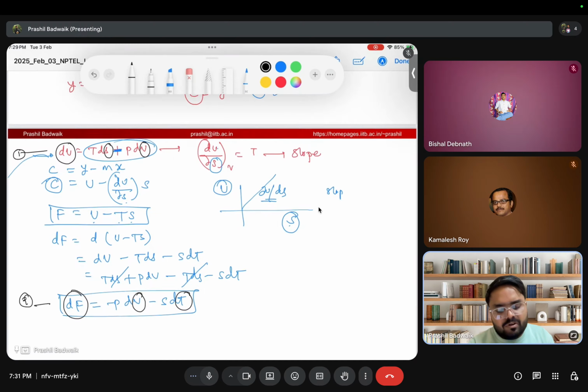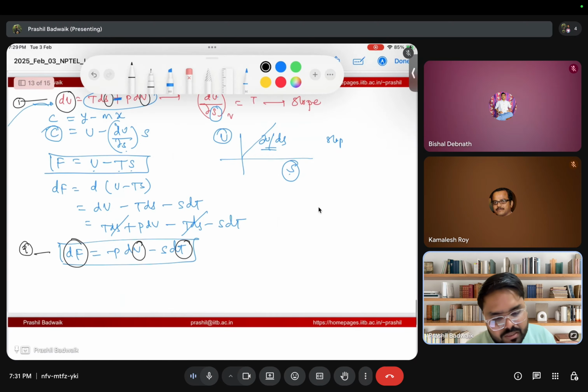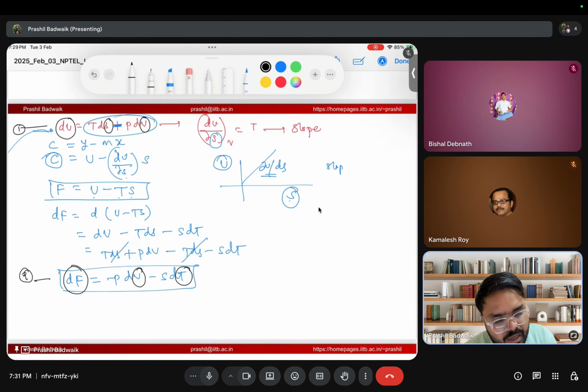Similarly, one more transformation you can do for this. Right now I did it for s and u. You can also do it for P and U, correct? This one, the second term, that's what I wrote. Du by dv is equal to P, this one.